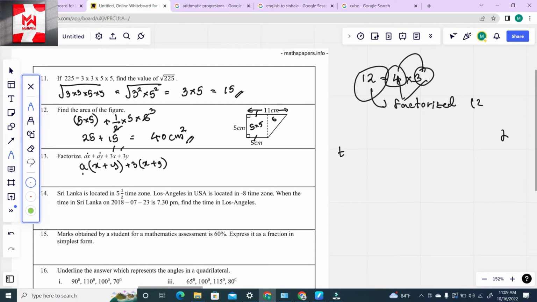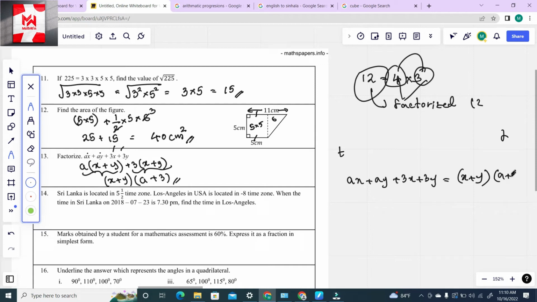Now I am considering this expression and this expression. For these two expressions, x plus y is common, so I will bring x plus y out. When I bring out x plus y, the a is there. When I bring x plus y out, 3 is there. Therefore this is factorized. That means ax plus ay plus 3x plus 3y is equal to x plus y into a plus 3.